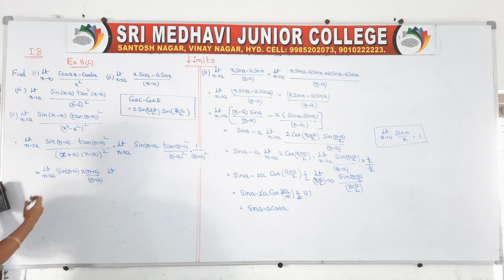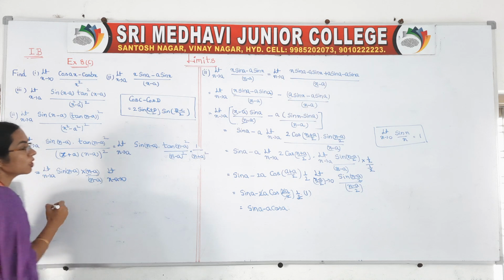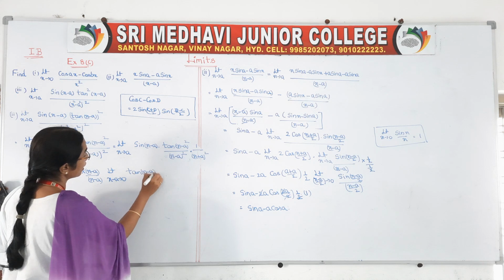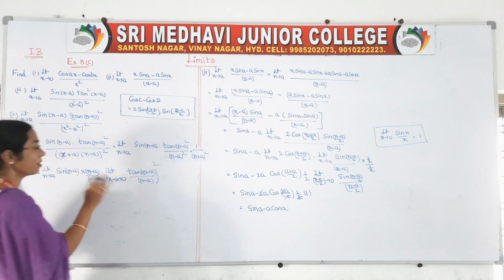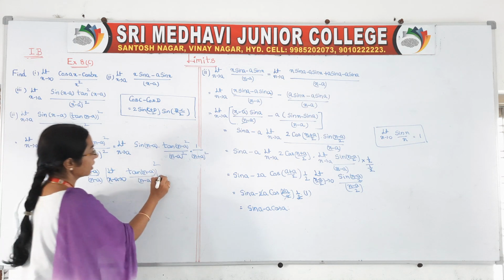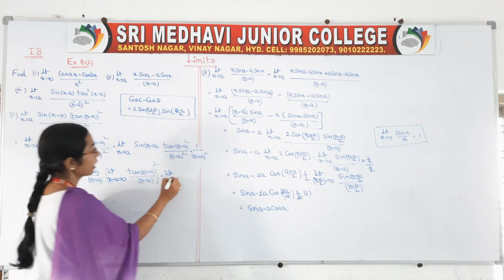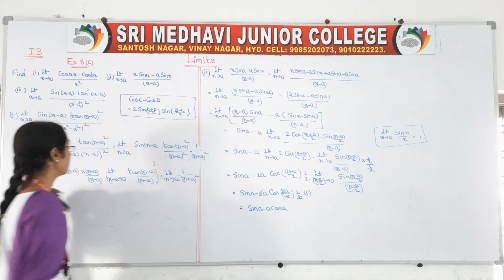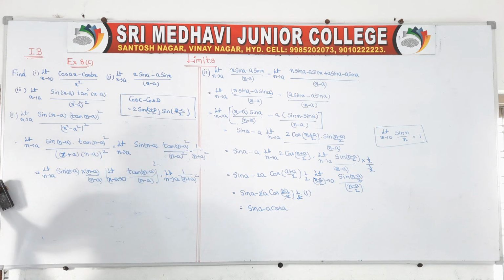We can write this as tan of (x minus a) by (x minus a) whole square. Even for the limit I have taken whole square. Next, limit x tends to a, what is that value? 1 by (x plus a) whole square. Now we do not want this x minus a, so we will give this x minus a to that limit.